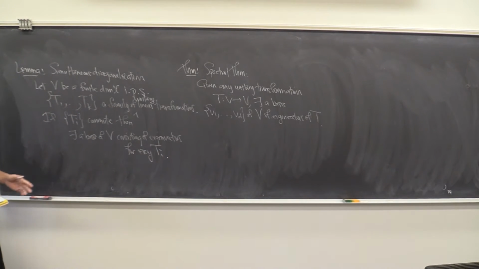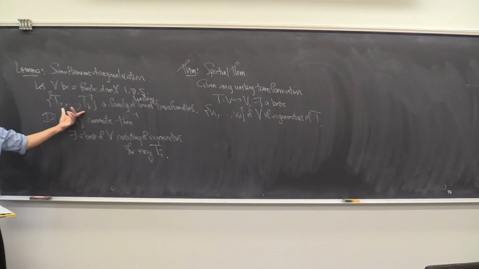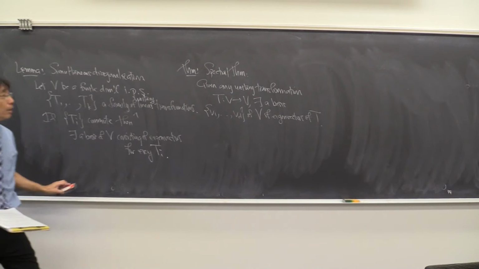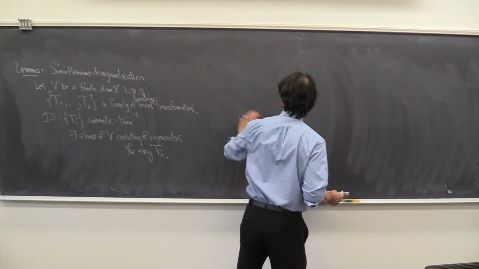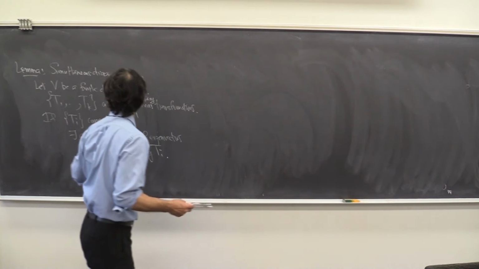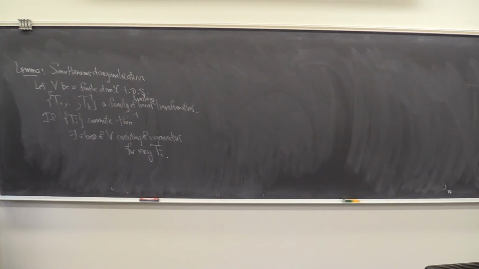Okay, so the eigenvectors are eigenvectors for every member of the family. In other words, there is a basis of eigenvectors with respect to which all of these guys are diagonal, as long as they commute with each other.